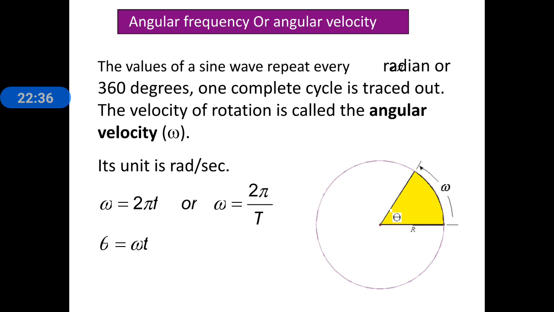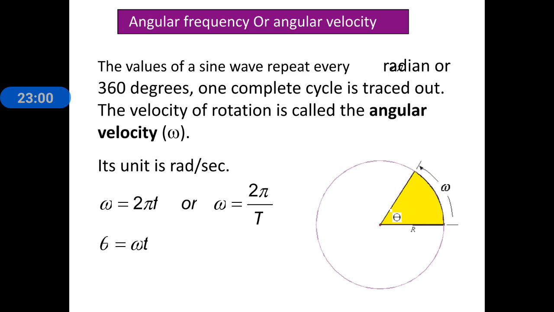So now we are relating both to each other. The values of a sine wave repeat every 2 pi radians or 360 degrees. One complete cycle is traced out.